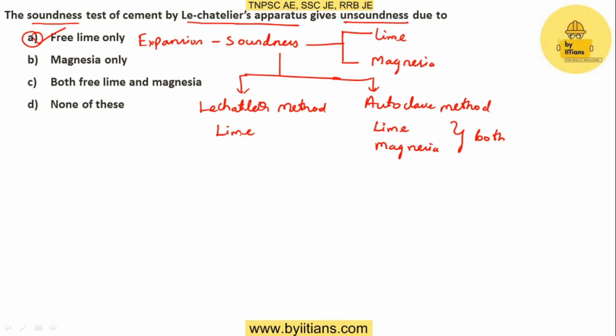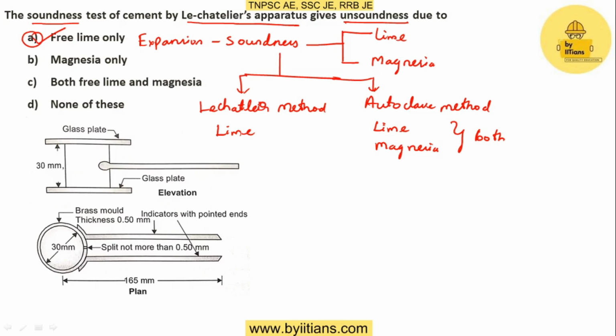So here I would like to discuss the Lee-Chatelier's method procedure. This is the Lee-Chatelier apparatus. This is the plan view and this is the elevation view. This apparatus consists of a small cylinder of brass having a diameter of 30 millimeter and height of 30 millimeter. Okay, this will have an indicator, which is used to measure the soundness, having a length of 165 millimeter.